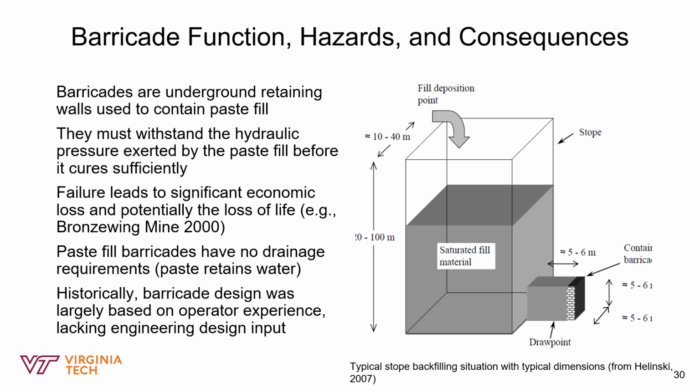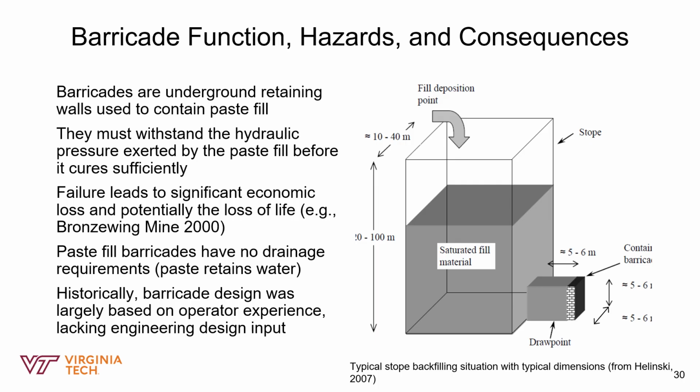So a barricade is simply a retaining wall like structure that is built at the bottom of the stope just to keep the wet paste inside. When we first pour the paste, it acts like a liquid, and this liquid creates hydraulic pressure. So this tiny wall, the barricade, has to hold back thousands of tons of this liquid mud.